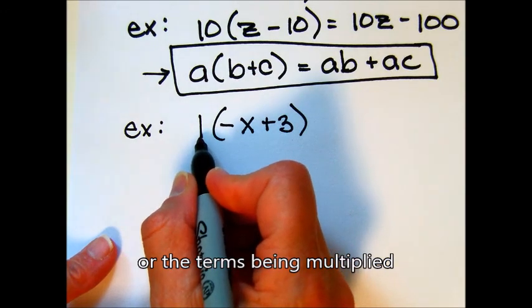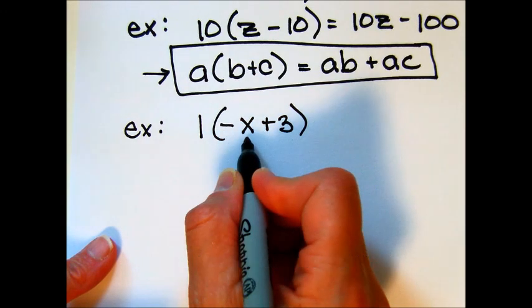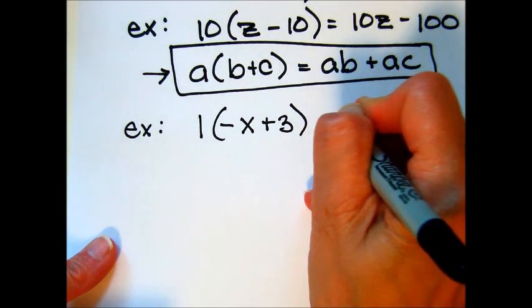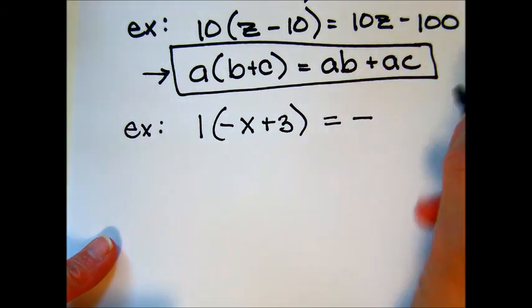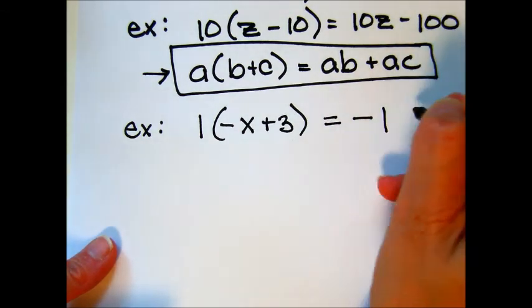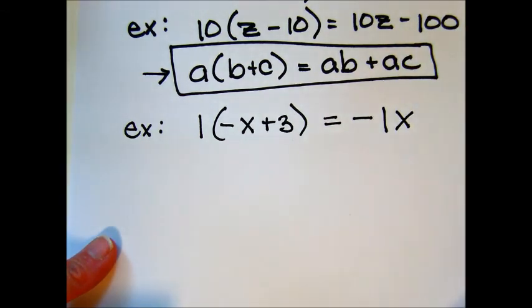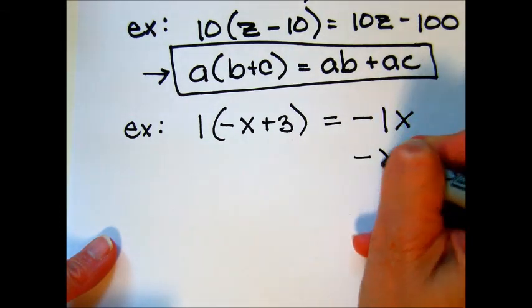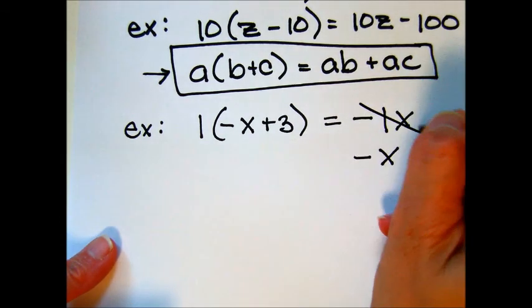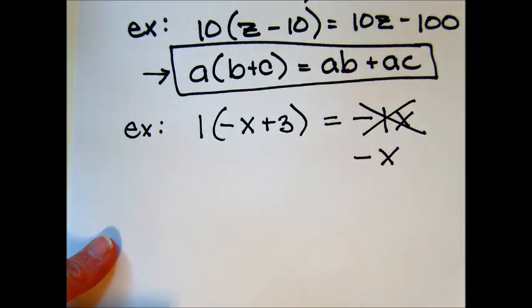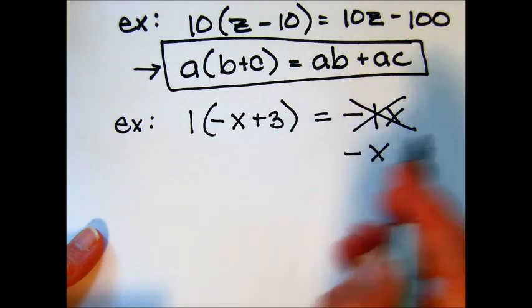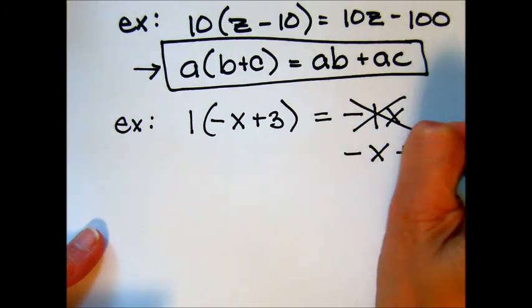So what is a positive times a negative? Well, a positive times a negative is a negative. Now, we normally don't write negative 1x or positive 1x. We just write the x. Okay, so we're not gonna write that out. Now we're going to take 1 times 3, so that's going to give us plus 3.